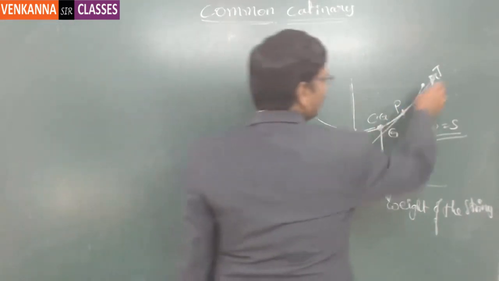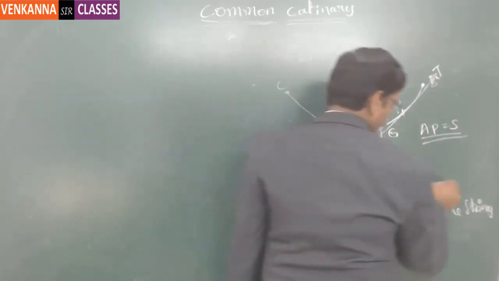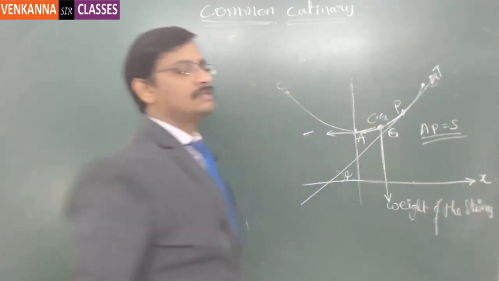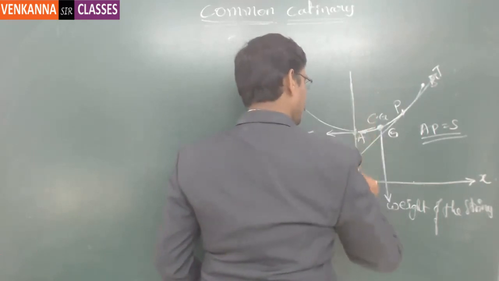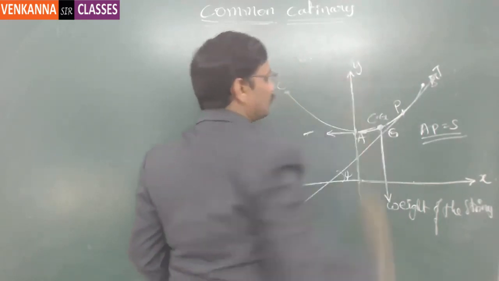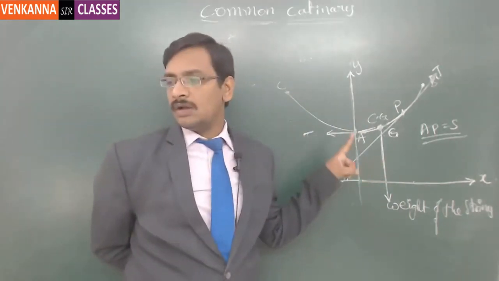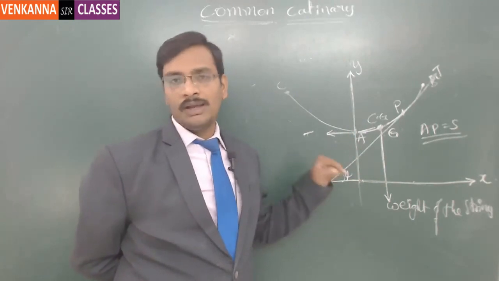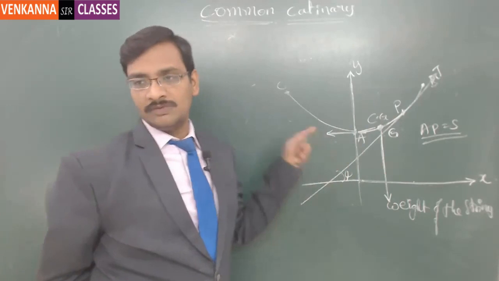So this is the tension which is acting with an angle of psi with the horizontal axis. This I call the x-axis, and this I call the y-axis. Now here I have not taken the origin at this particular location. I have taken the origin somewhere below. Why have I taken it that way? I am going to explain in the later part of the discussion.